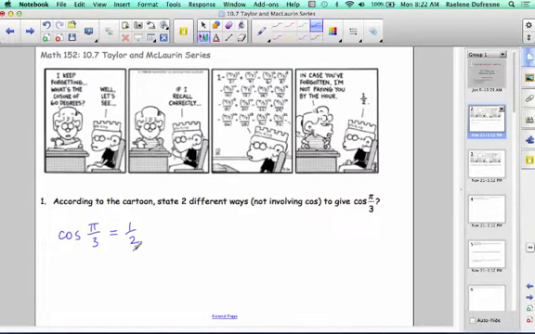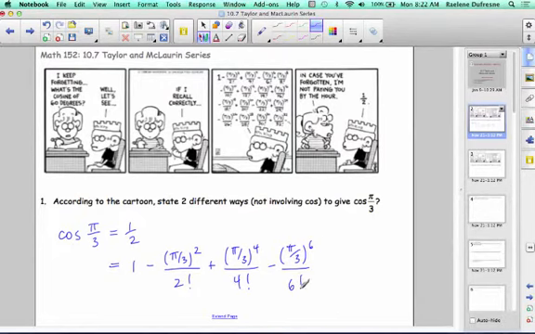It is an infinite series: 1 minus (pi/3)^2 over 2 factorial plus (pi/3)^4 over 4 factorial minus (pi/3)^6 over 6 factorial plus (pi/3)^8 over 8 factorial, etc.